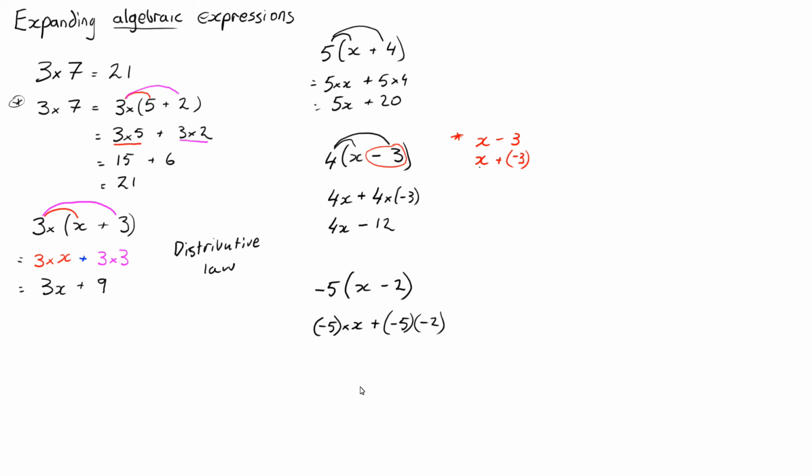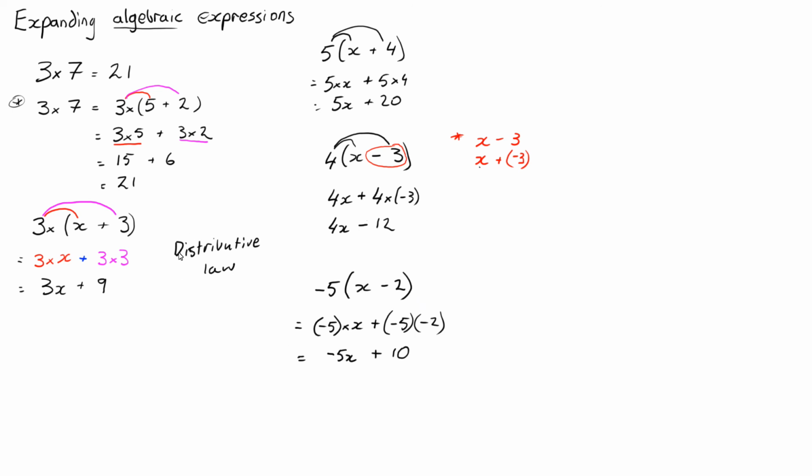Minus 5 times x is minus 5x. Two negatives here end up becoming a positive, and 5 times 2 gives me 10, so it's plus 10. There are a few steps involved when you're dealing with negative numbers or subtractions.